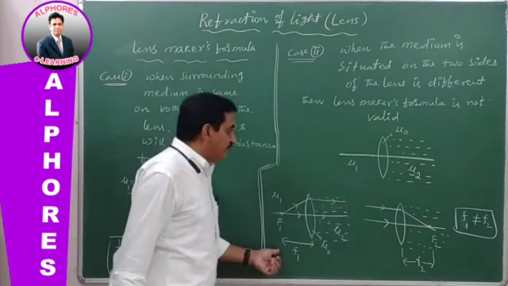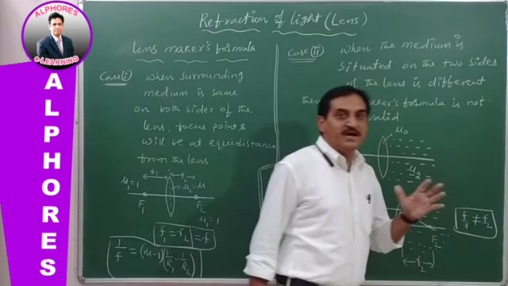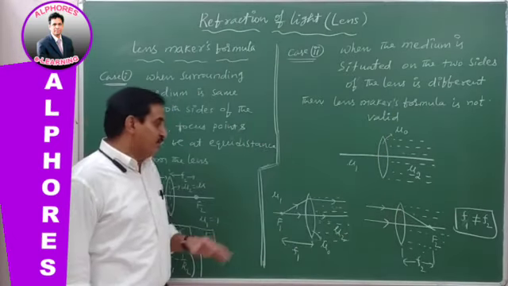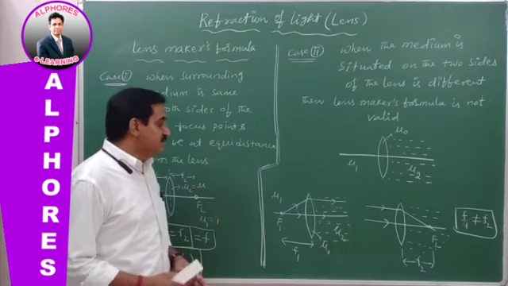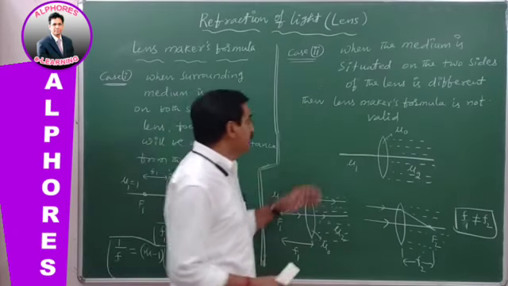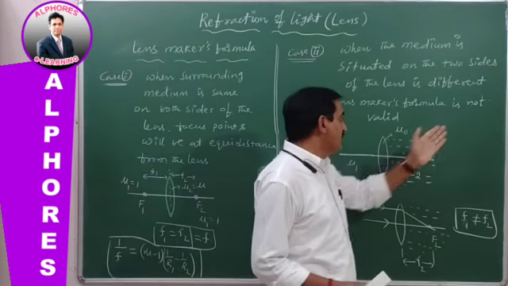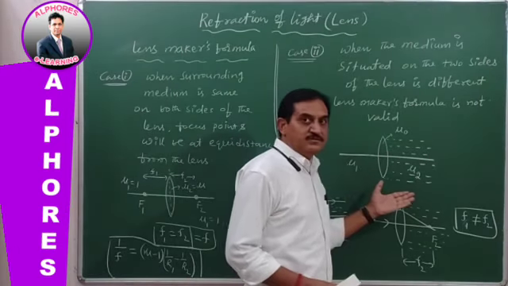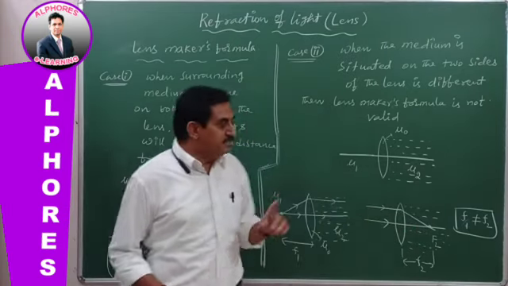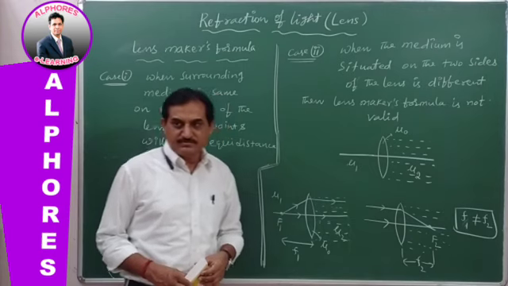But here f1 and f2 are not at all equal. Now in this case, the lens maker's formula is not valid. We can't use the lens maker's formula. It is only valid when the medium is the same on both sides.